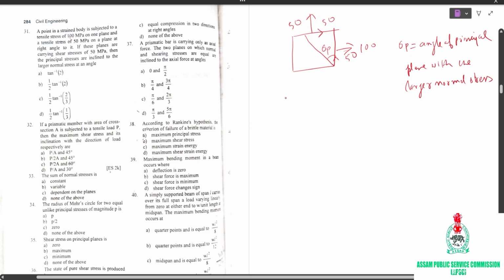So you have to remember the formula. Tan 2 theta p equal to 2 tau xy by (sigma x minus sigma y), that is 2 into 50 by 100 minus 50, which is 2.